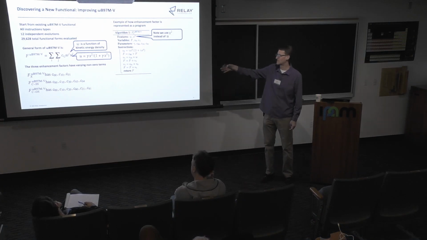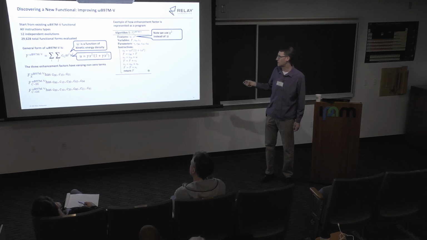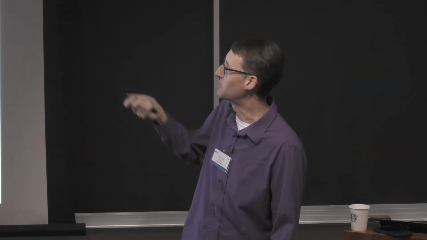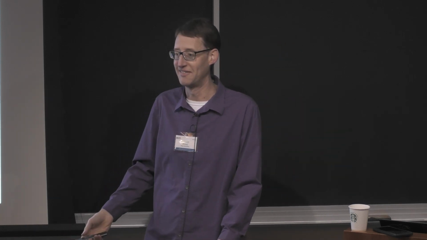That was the scale of function we were talking about before, and it's a proof of concept where I talked about writing these things as programs. This is just writing this form as the program that we have. So we can start off with the program that is WB97M-V for each of these forms, and I'm going to let the thing run.